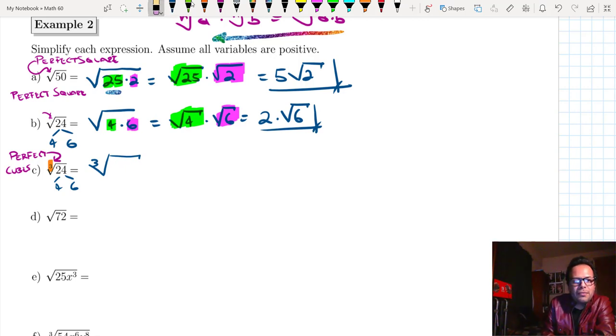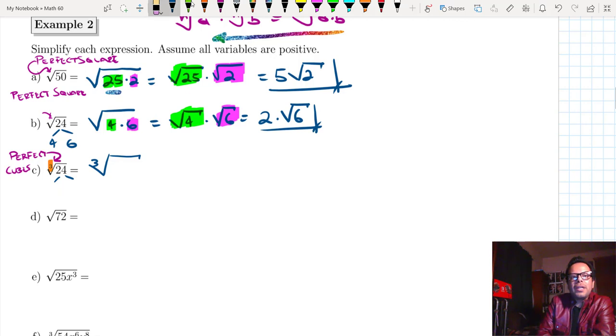How about 12 times 2, which we looked at earlier? Again, there's no number whose cube is 12 or whose cube is 2, so we need to find another way.